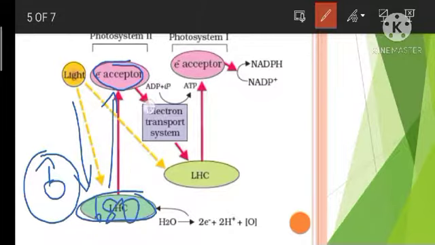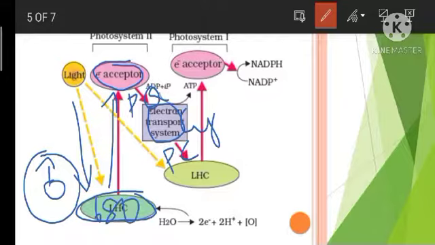So here you can see the electron transport system. It is formed of different electron carriers like plastoquinone. PQ is plastoquinone, then the cytochrome complex, then the PC, plastocyanin. So these are the electron carriers which together form the electron transport system.